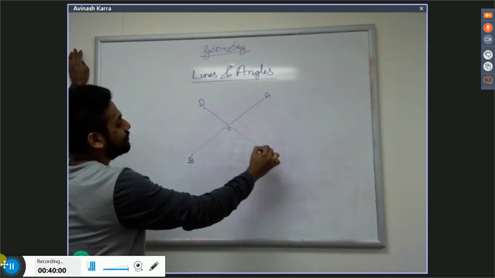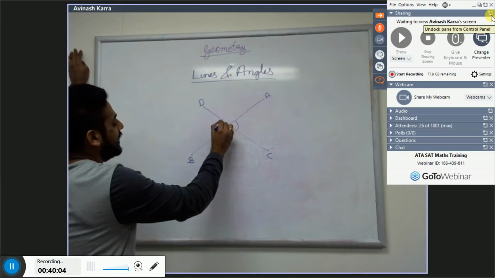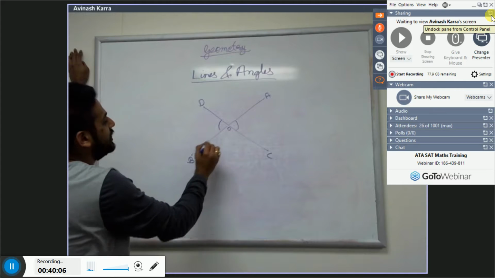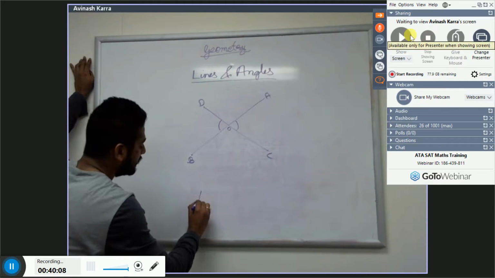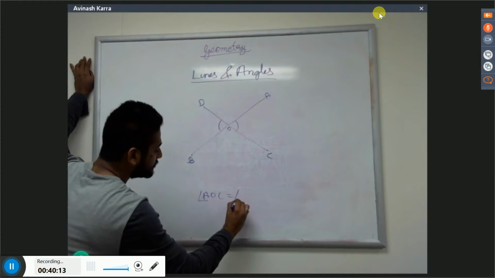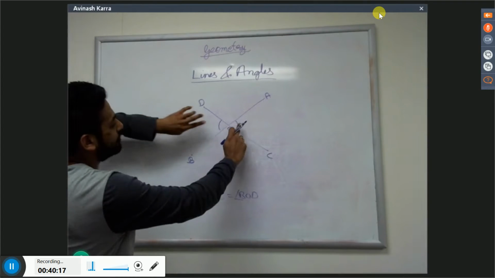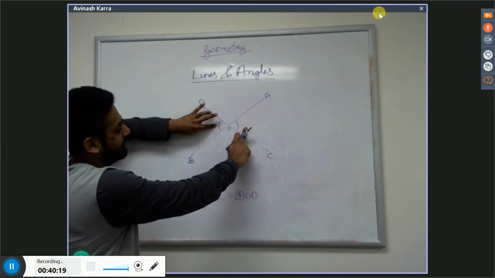Angle AOC and angle BOD are equal. Opposite angles are equal. Okay?